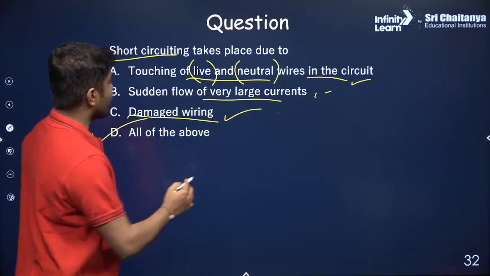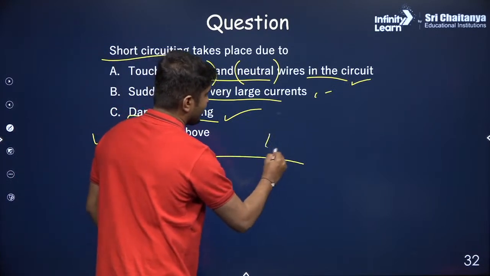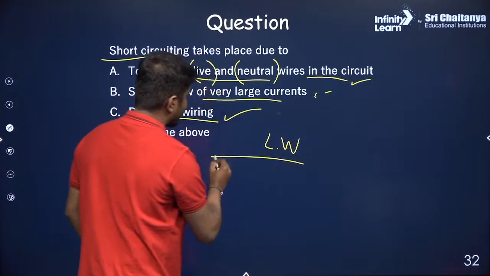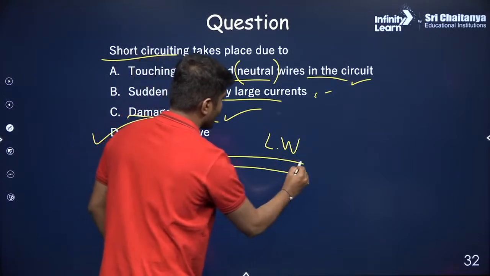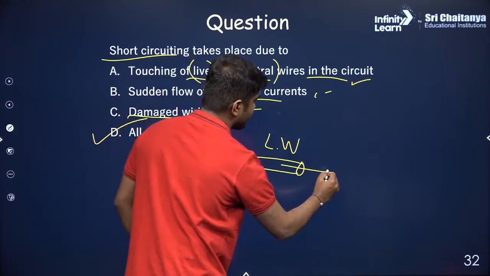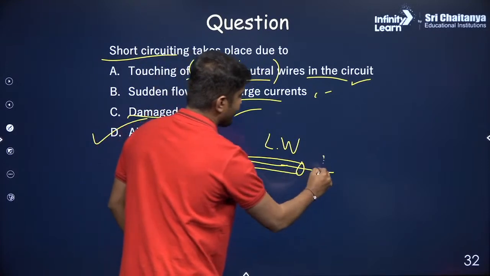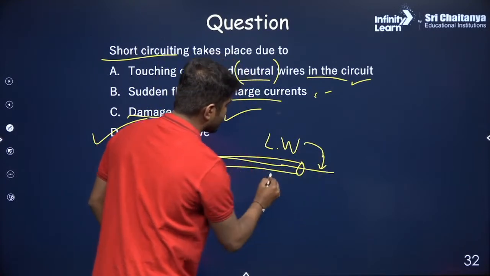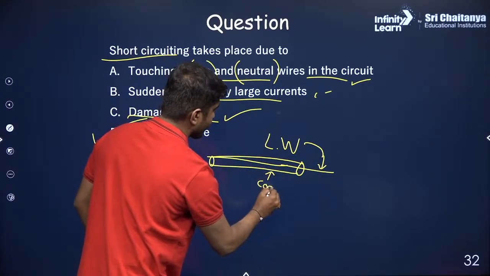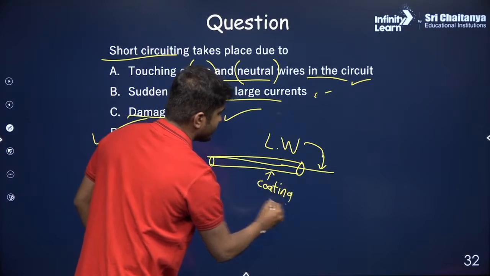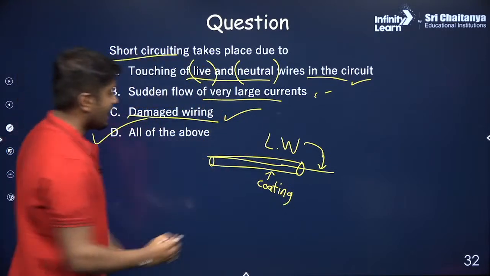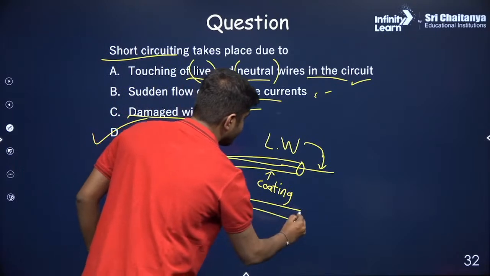If I go back to the short circuit, there is a live wire. For example, there is a wire material and this one is the coating or insulation, correct? Similarly we have a neutral wire with a coating.